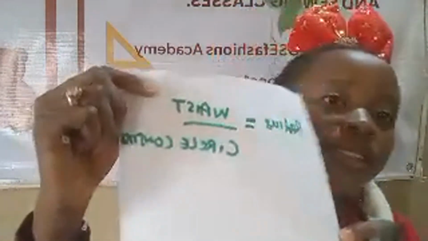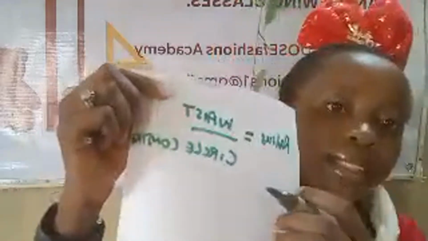So radius is waist over circle constant, right? Just like you're seeing there. Please give me a sec.